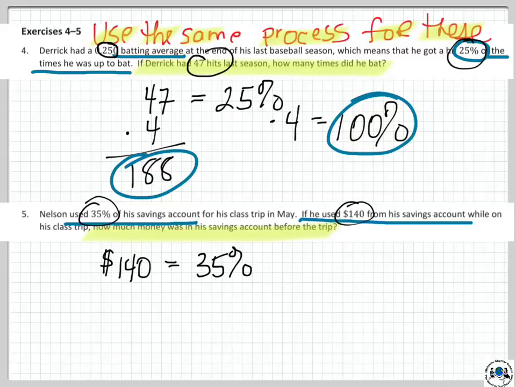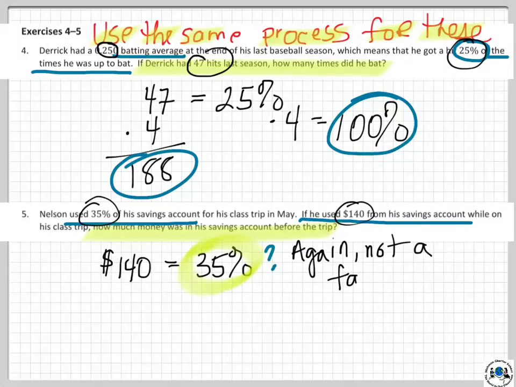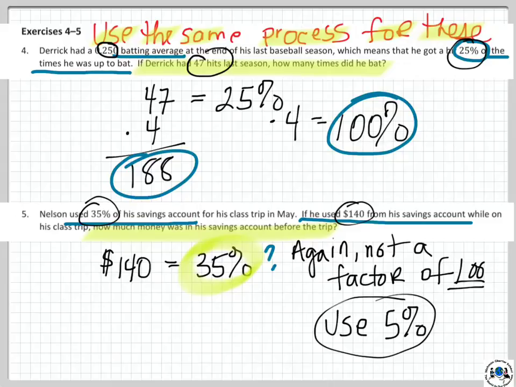Again, we're looking at $140 equals 35%. And here we go again with a number that is not a factor of 100. But if you are up on your factors, a factor we've used before, we can again use 5, because 35 is divisible by 5. 5 is a factor of 35, as 5 is a factor of 100.